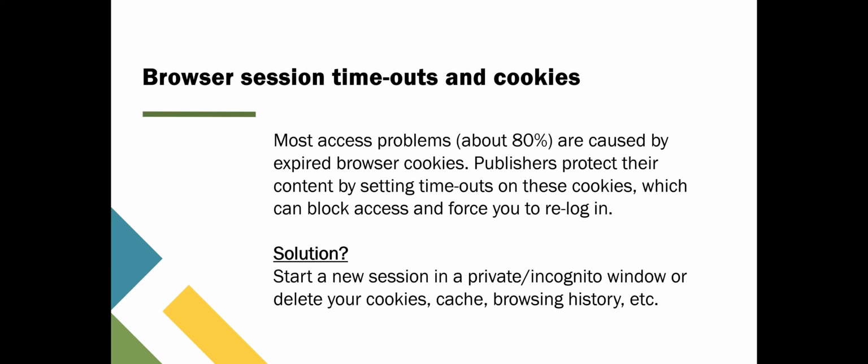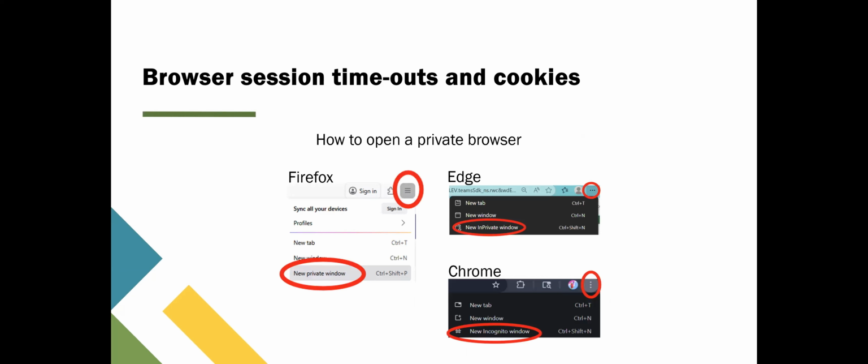So what's the solution? Starting a new session in a private browser, or you can manually delete your cookies, cache, and browsing history. I personally find using a private browser to be quicker than always manually deleting my history, cookies, and cache.